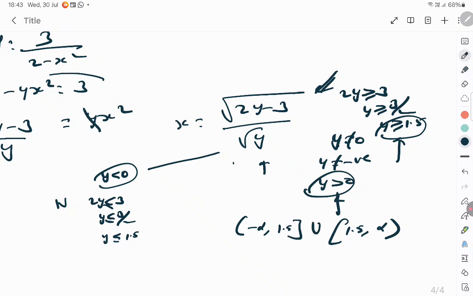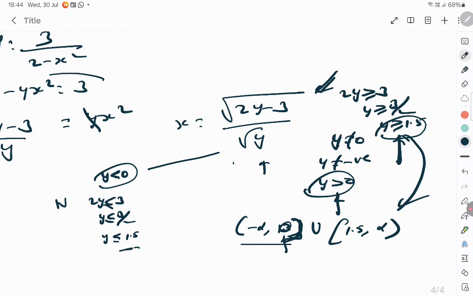So when I say it has to be lesser than 0. But when I come in this direction, you see 1.5 comes after 0. Correct? So I cannot include 0. So then I should put a 0 and then put an open bracket. And y has to be necessarily greater than 1.5 from here.